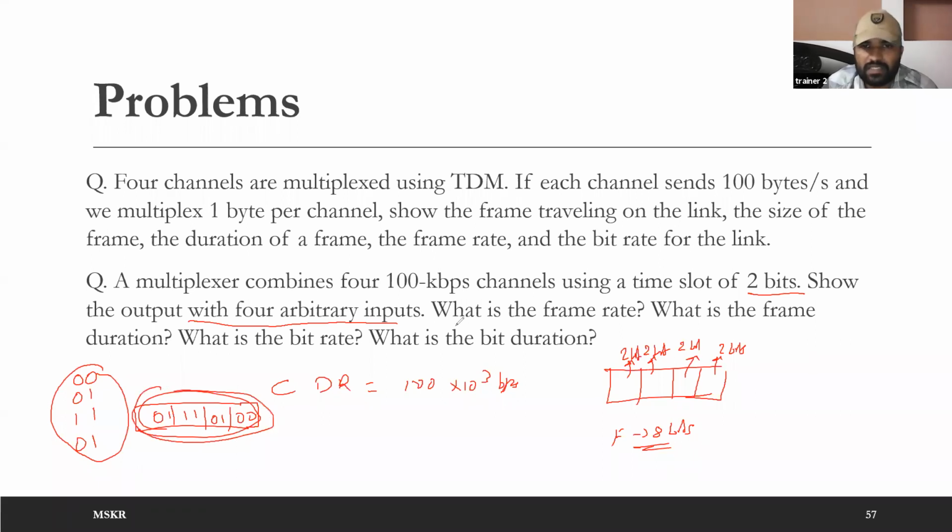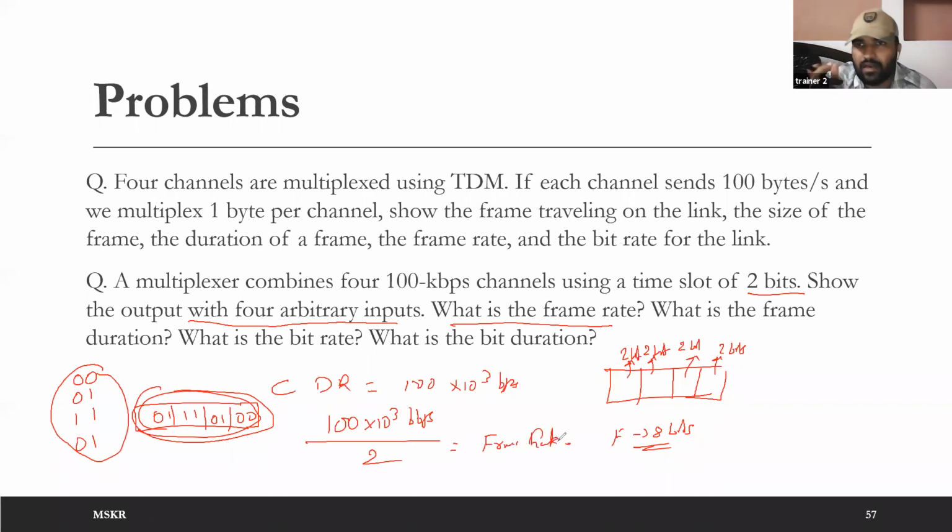Now, what is the frame rate? This one is a little bit tricky, so listen carefully. Your data rate is 100 into 10 power 3 bits per second. Now your frame is carrying 2 bits of each user. So if you divide by 2, you will get the frame rate.